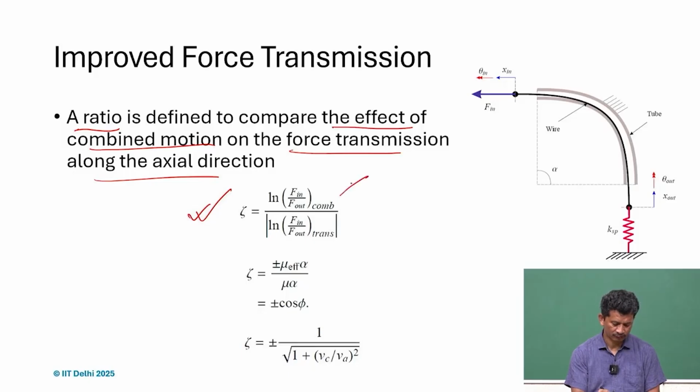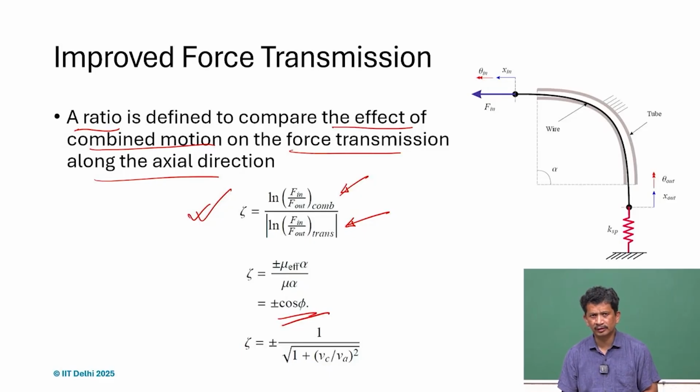On top is the combined case, and at the bottom, in the denominator, is the pure translation. We realize that ultimately this is very simple, and this zeta value is simply cos phi, which is a function of the combined motion, Vc versus Va.